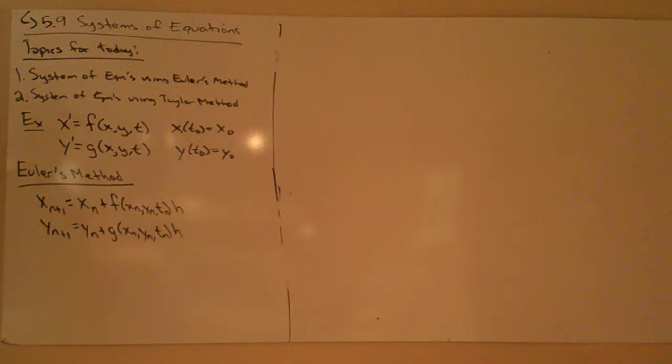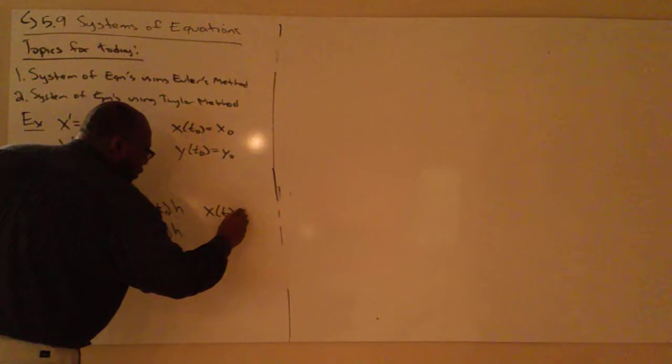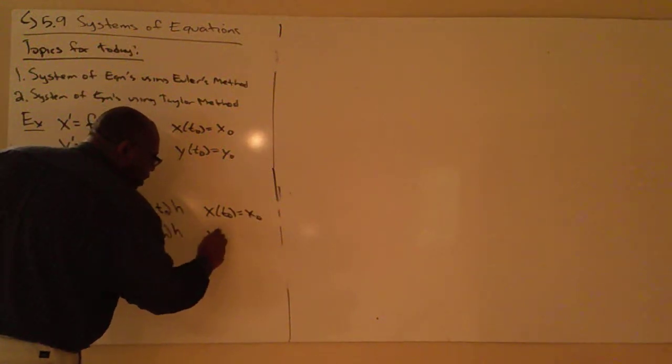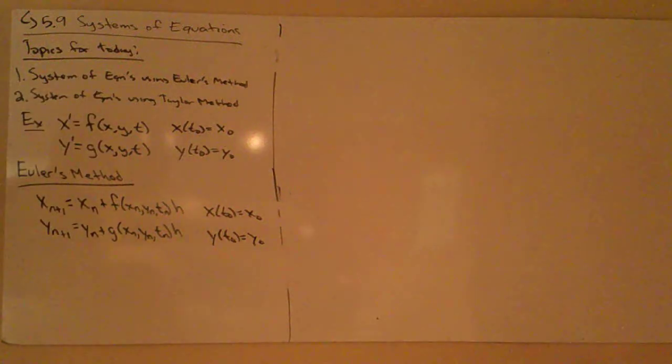And then we have our initial conditions that we had before, where we have x of t sub 0 is equal to x naught, y of t sub 0 is equal to y naught. So this is Euler's method.